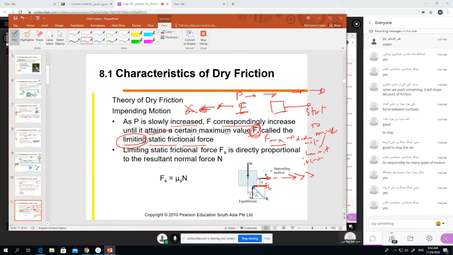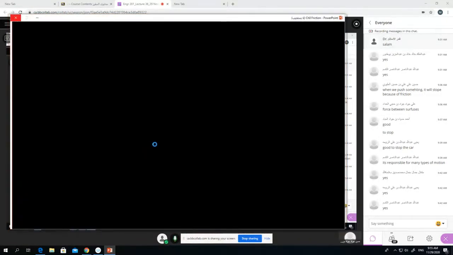Now, the limiting static frictional force Fs is directly proportional to the resultant normal force N. So this is called limiting force. What is limiting force?